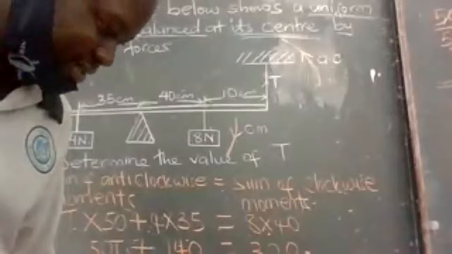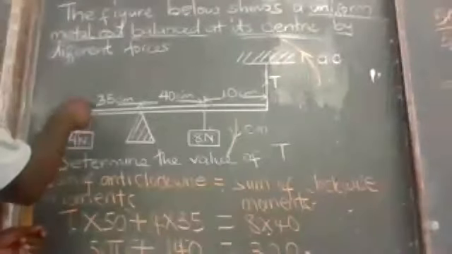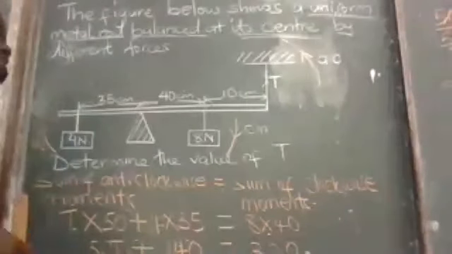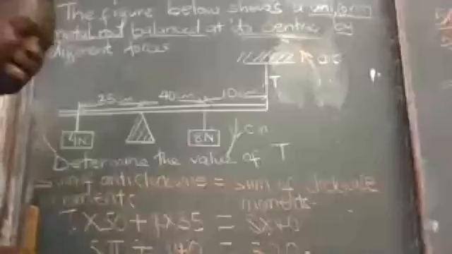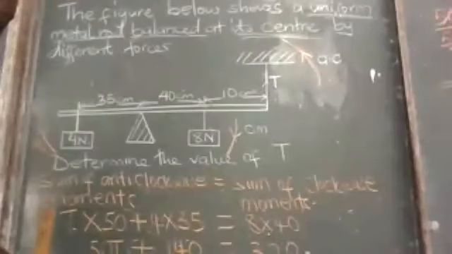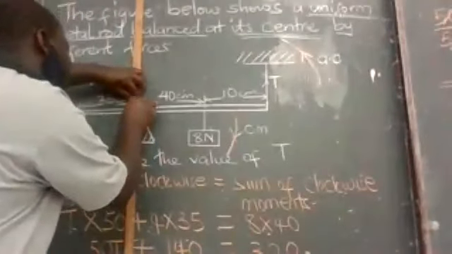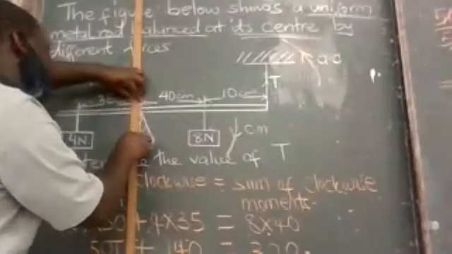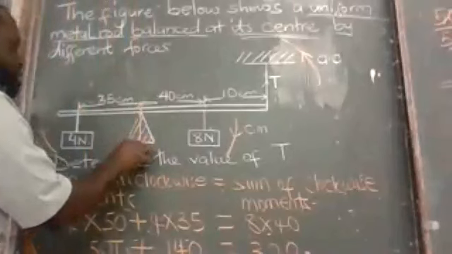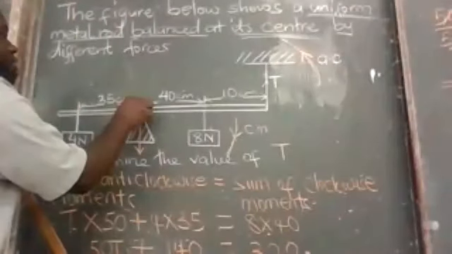Okay. Now, if there was a part B on this question saying determine the reaction at the pivot, we ignore the weight of this meter rule at this point because we take moments about this point, okay?